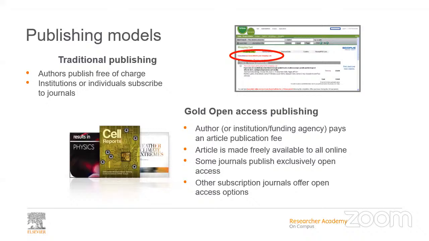In that case, the cost for publishing is covered by the author. And usually when we say that the cost is being covered by the author, that means that the journal in question will make the article available for everyone, but will charge the author an APC, or article processing charge, for the author to pay.